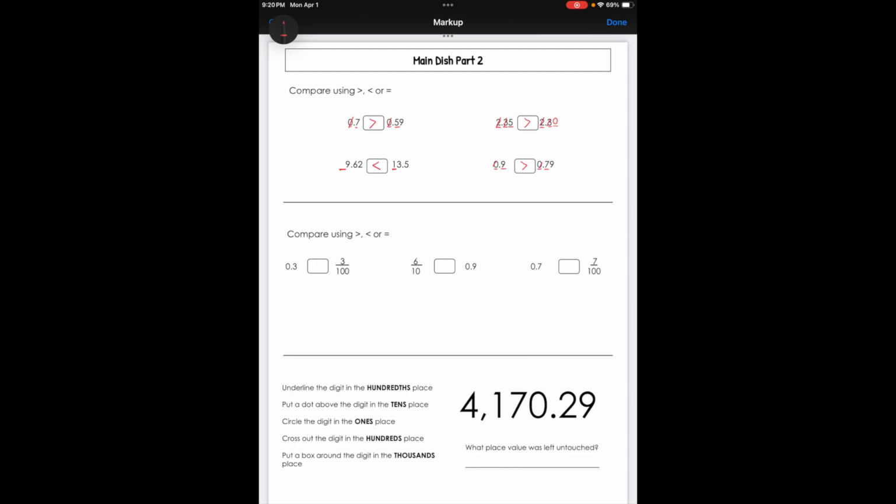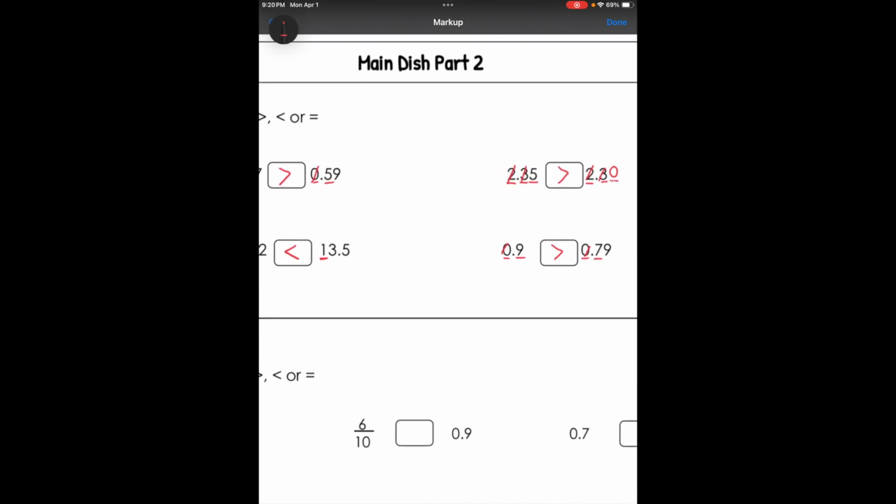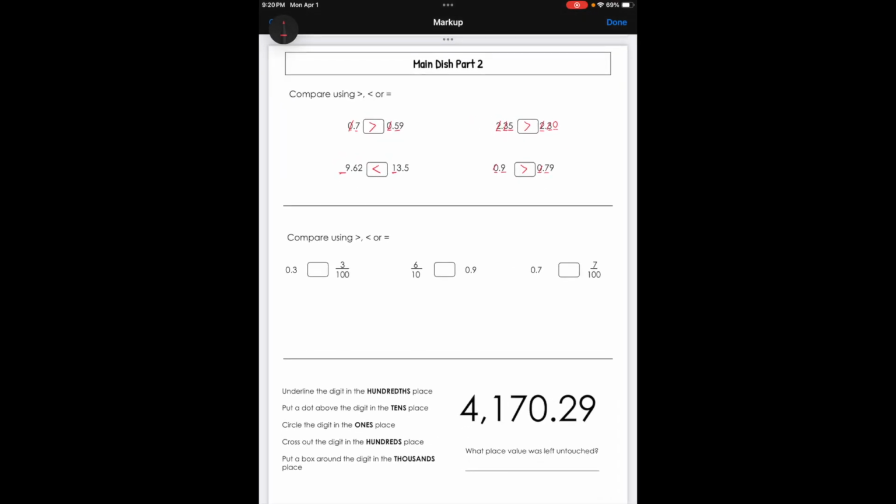Next, we're going to compare fractions and decimals. Remember, transform that fraction into a decimal so that we can easily compare just like what we just did in the top 4 problems. So I've got 3/10 and 3/100. So I'm going to transform this to a decimal, 0 wholes, 3/100. Easy to see that this is the greater decimal.